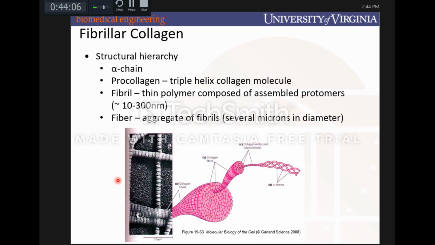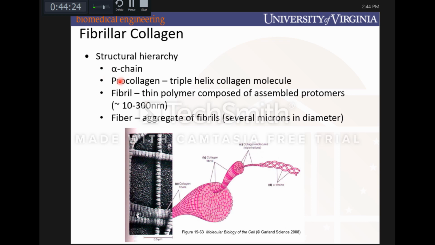So how it actually turns from individual triple helices into collagen fibers that basically look like a rope. If you've ever seen a diagram of a rope or even a muscle, you'll see this sort of successive, almost fractal stacking in a lot of biologic fibers.